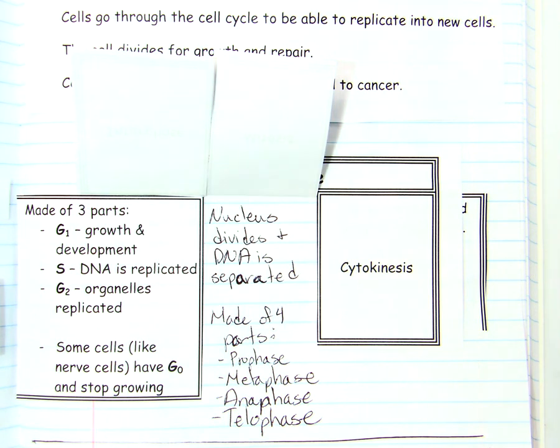There's four parts of mitosis: prophase, metaphase, anaphase, and telophase. And in your second foldable, we'll talk more about all those in depth.